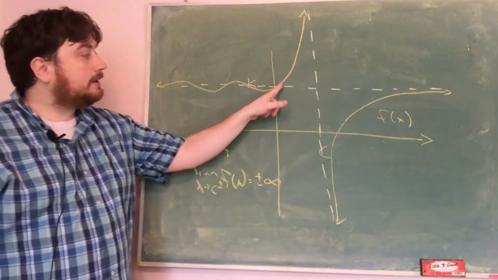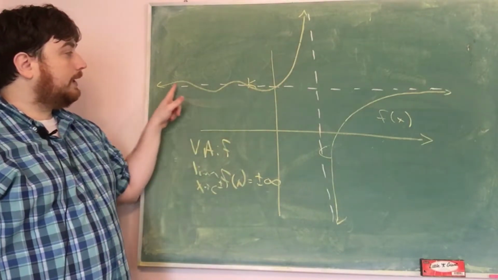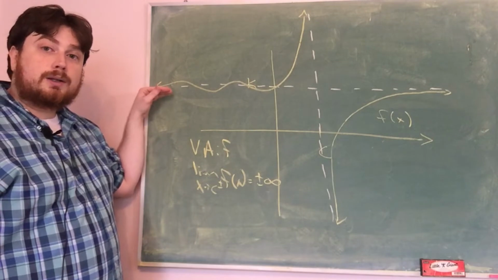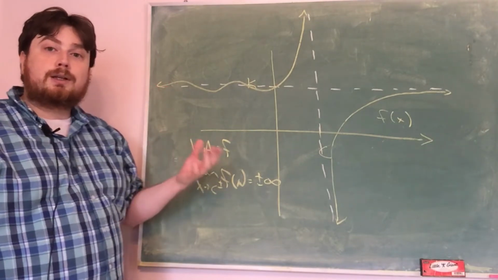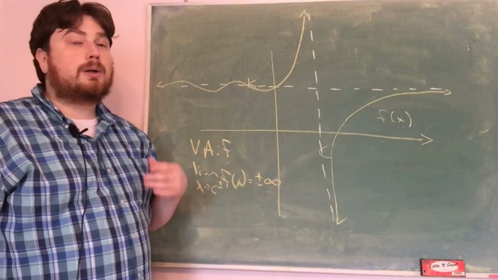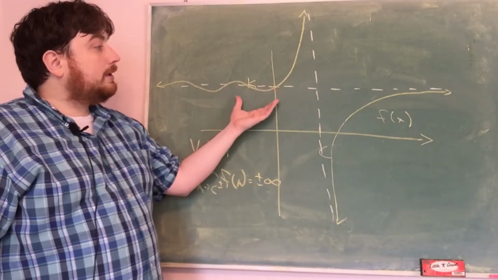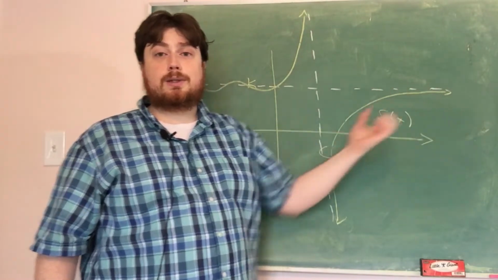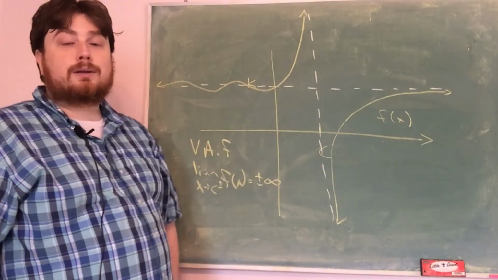Same thing over here: as my x values get arbitrarily large in a negative direction, despite the bouncing up and down, I'm going to get closer and closer to y equals k. So I have a horizontal asymptote at y equals k because my function approaches the value y equals k as x goes off towards infinity or negative infinity.